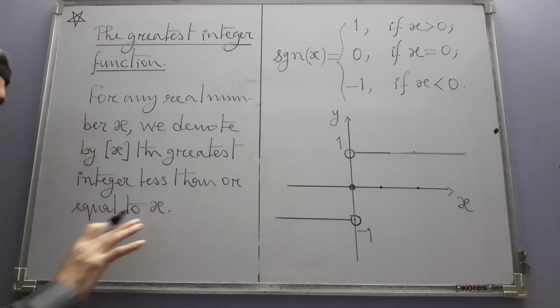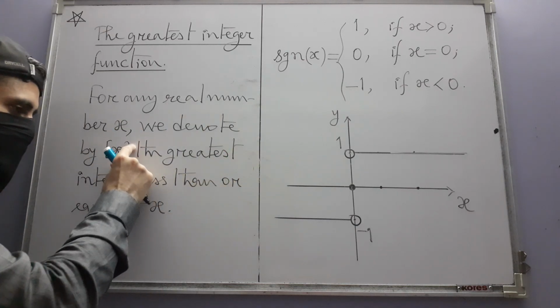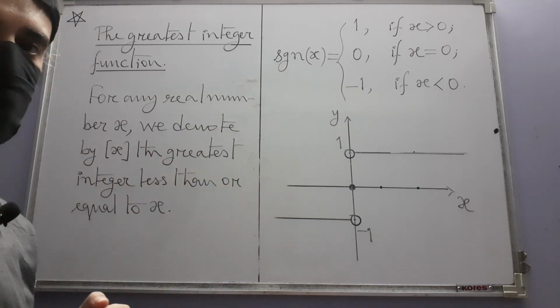First of all, this has to be understood properly. x is any real number. By this symbol, we mean the greatest integer less than or equal to x.